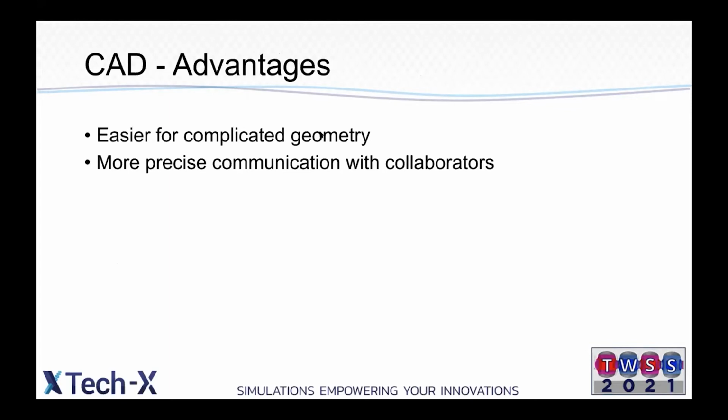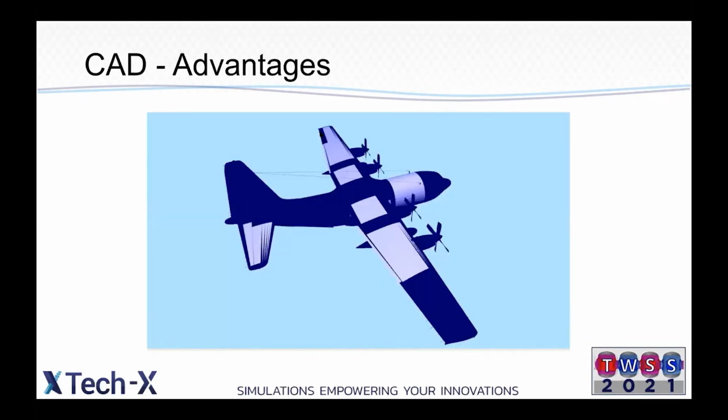So it can be a quick way to get started. However, and well, here's an example actually, this is a CAD object. This is a C-130 airplane, 4-engined cargo airplane, created from a CAD file. Clearly would be a challenge to create to this level of detail with a CSG.